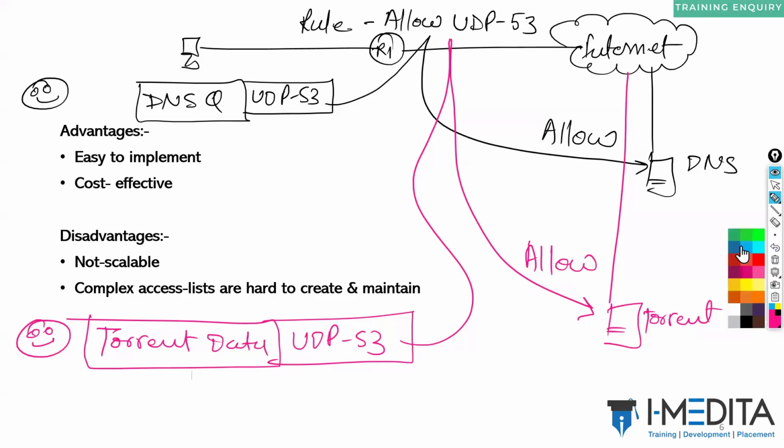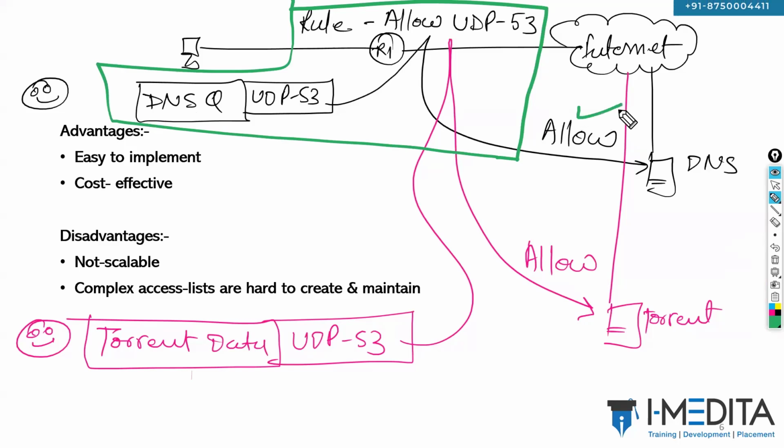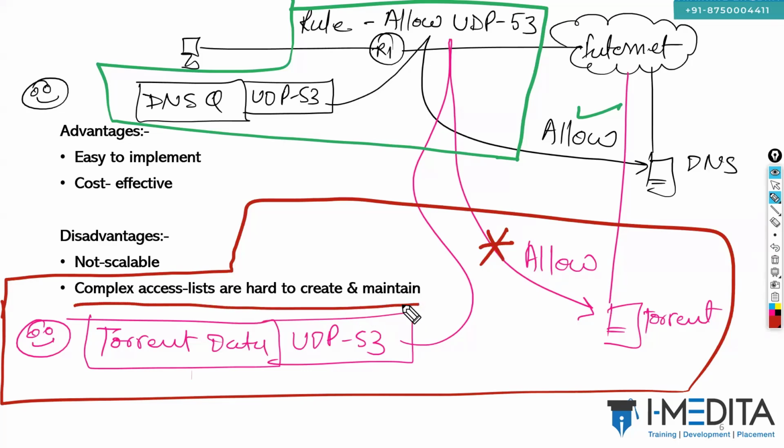So you can't create an ACL that states if DNS traffic is going at port number 53, that should be allowed, and if torrent traffic is going at port number 53, that should not be allowed, that should be dropped. Such a thing we can't deploy with the help of an access list. So this is the disadvantage of packet filtering or access lists.